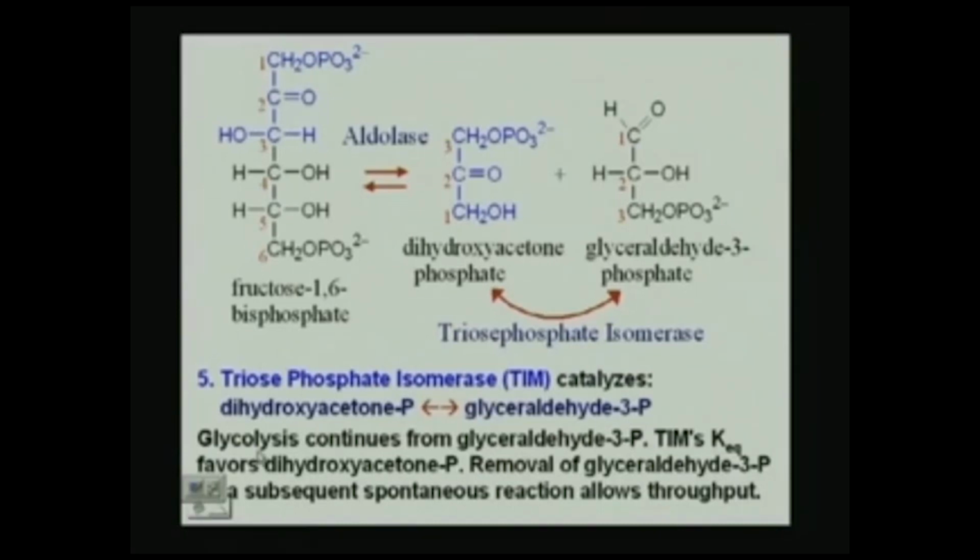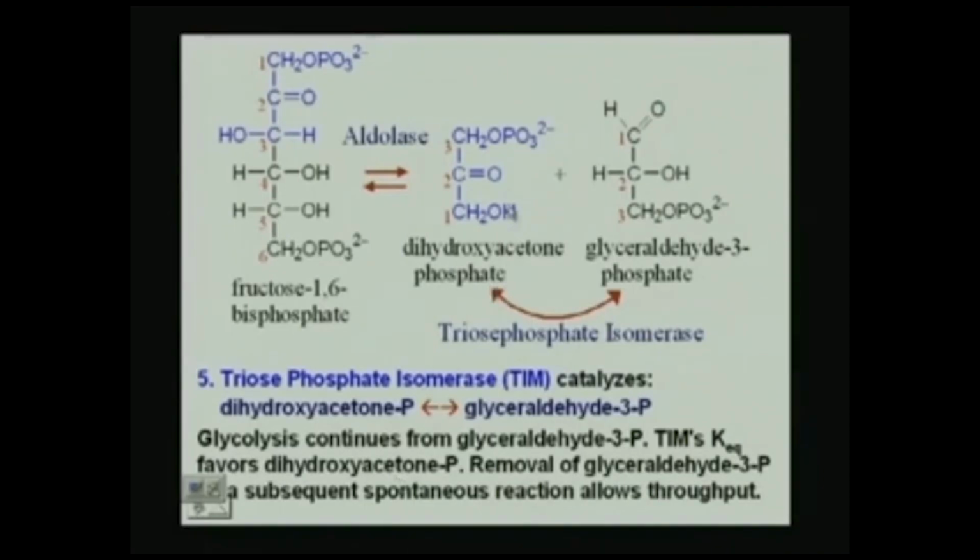Okay, we have the glycolysis that is going to continue from glyceraldehyde 3-phosphate. Now, the equilibrium constant. So what is the triose phosphate isomerase isomerizing? What is it doing? It is converting dihydroxyacetone phosphate to glyceraldehyde 3-phosphate. So, this is an isomerization reaction. The equilibrium constant is such that it favors dihydroxyacetone phosphate.